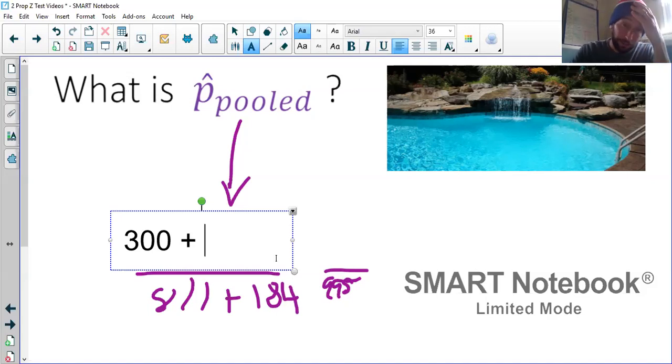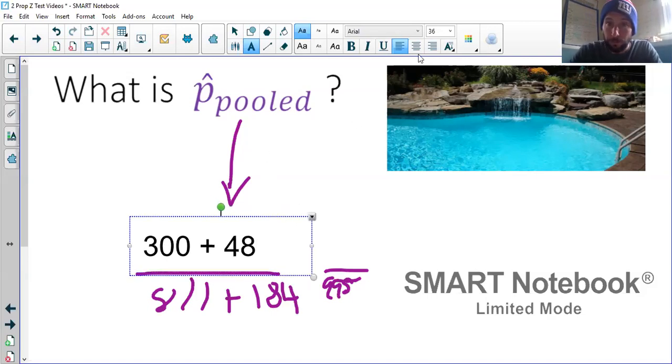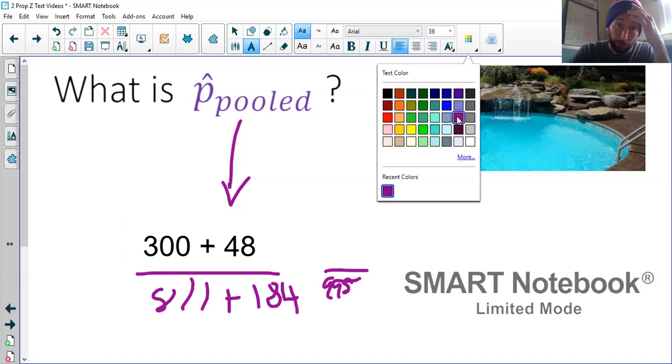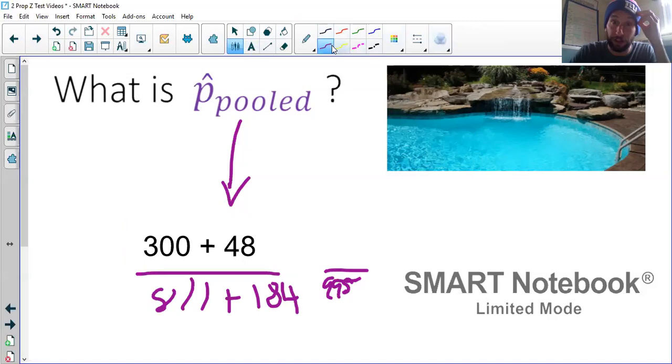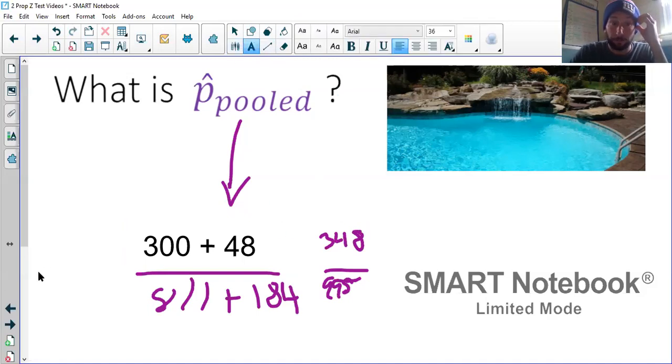Plus, in the under 30 group, 26% of the 184 snored, and that came out to be 48. And so our numerator here is going to be 348. And if we do 348 out of 995, that is going to give us that p hat pooled of 0.35.